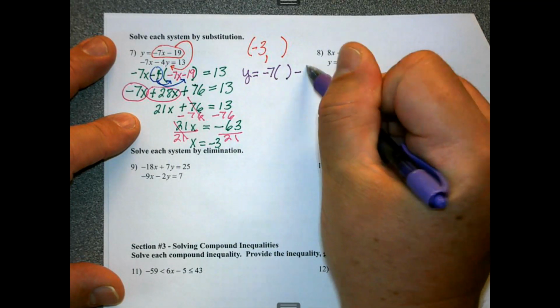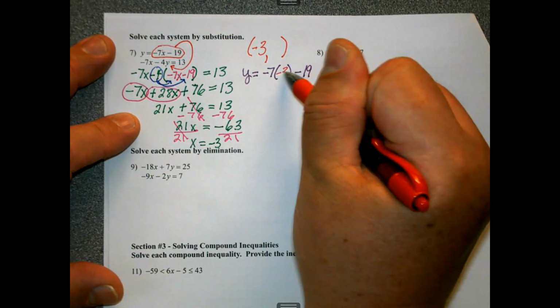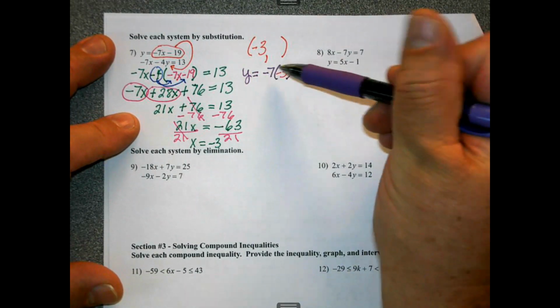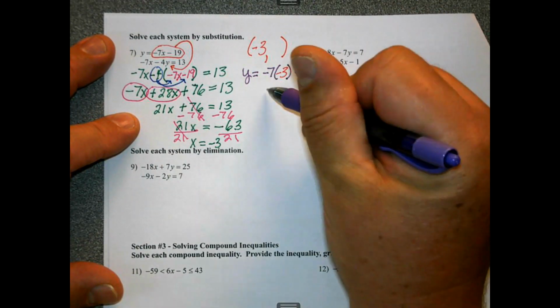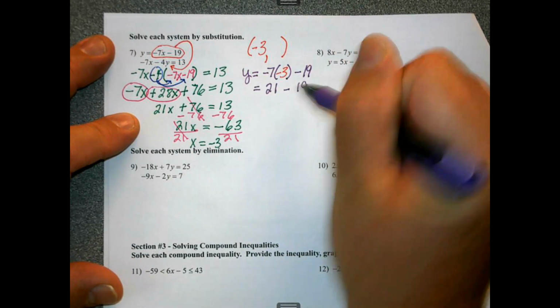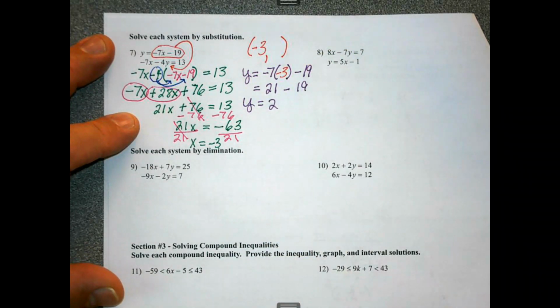So I'm going to use parentheses minus 19, that value for x, negative 3. Negative 7 times negative 3 is a positive 21, minus 19. So y is going to equal 2.